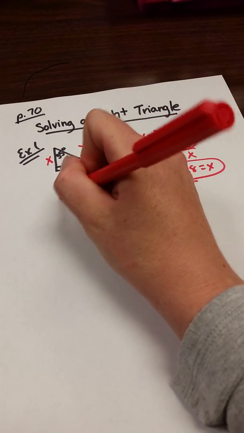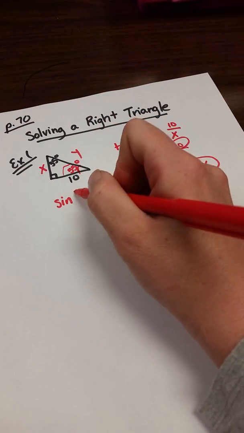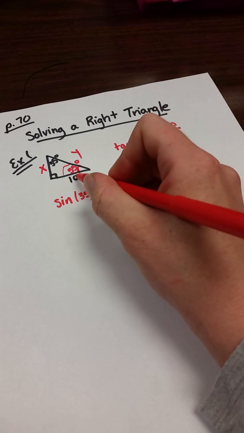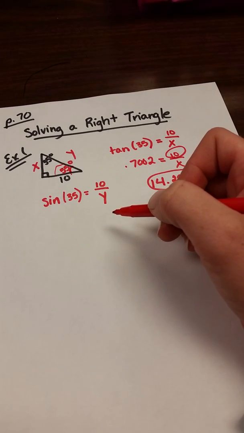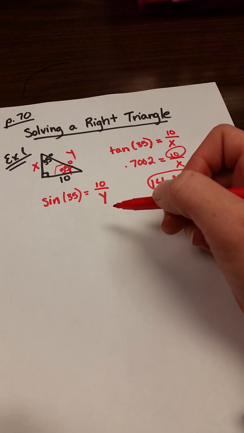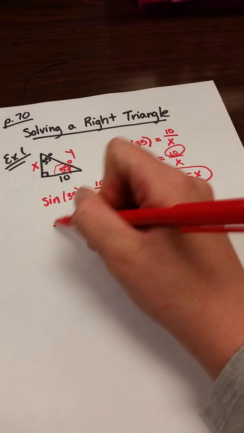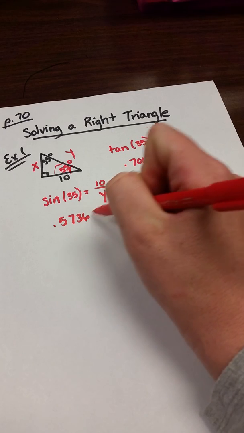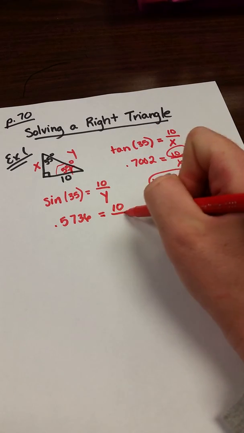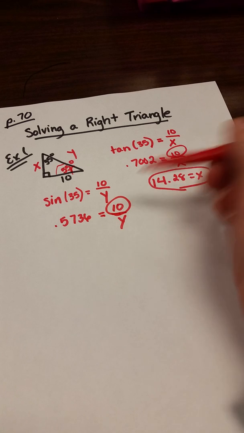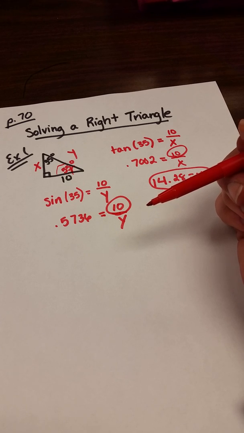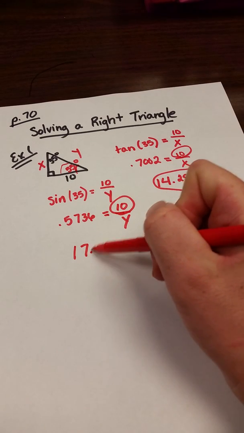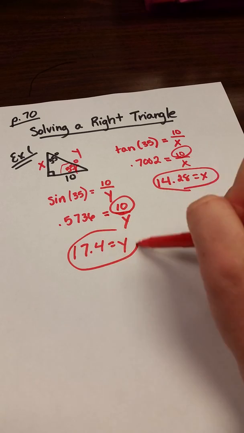So I'm going to do sine of 35 equals opposite 10 over hypotenuse Y. So I'm going to type in sine of 35, hit enter, and I get 0.5736 equals 10 over Y. And since this 10 is on top, I'm going to divide by that. So type in 10 divided by 0.5736, and you get 17.4 for Y.